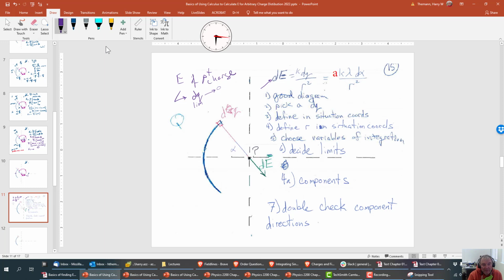So define your dq in the coordinates that you have, and remember that meant for us that dq equals some charge per unit length, times the angular width, but then we had to hit it with the radius, in this case, a lambda d alpha. Then you need to define r in the coordinates that you have available to you.